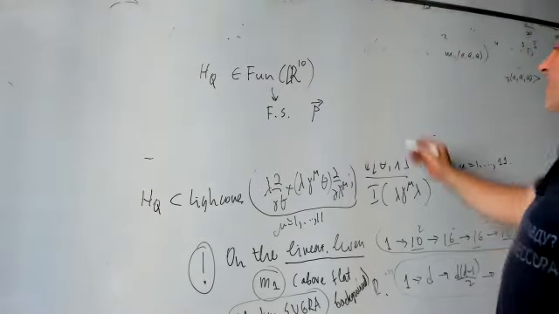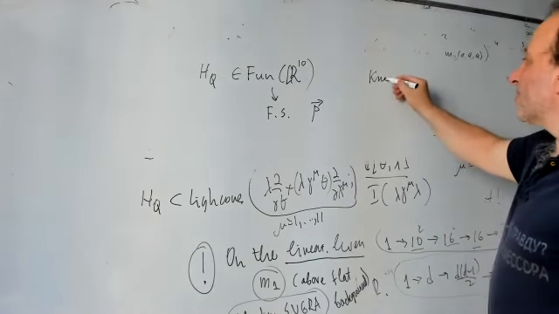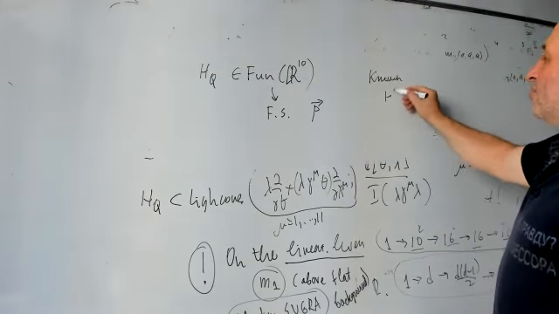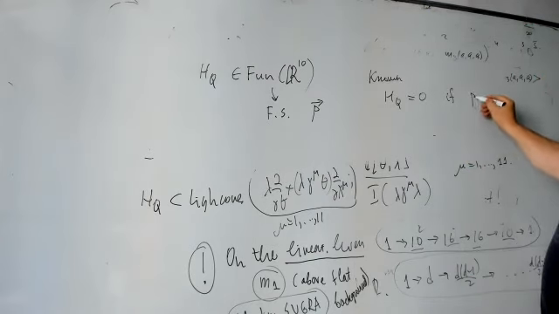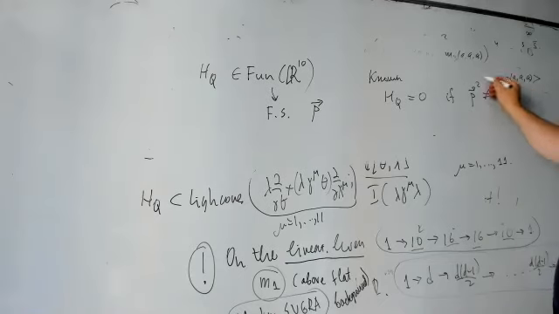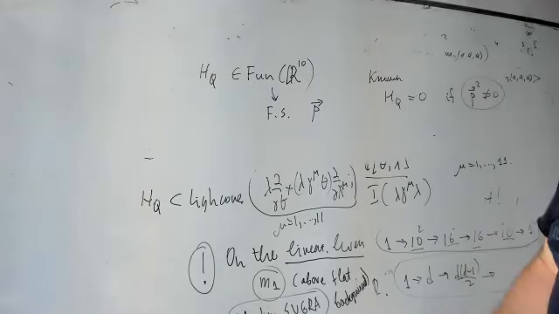And it is known that cohomology of Q is zero if p squared is not zero. So this is known.